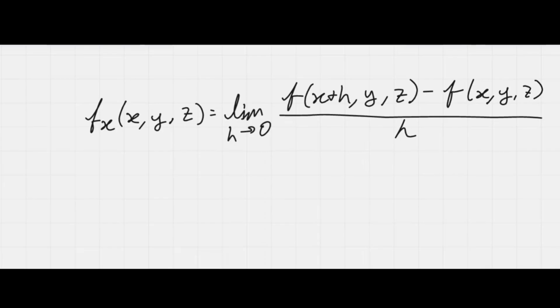So that is the definition, at least for three variables, of a partial derivative using limits. And in fact, you can do this in general: if f is a function of however many variables, its partial derivatives with respect to a certain variable can be defined using the following notation.